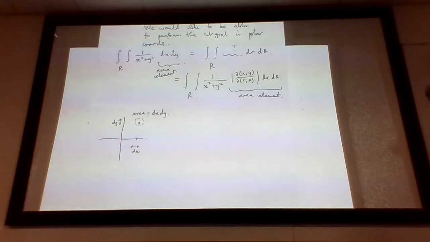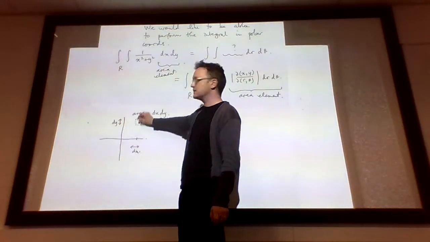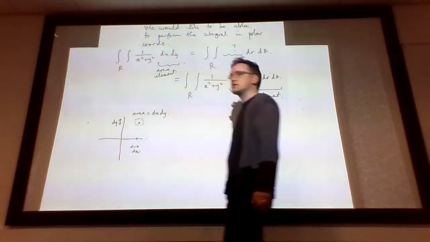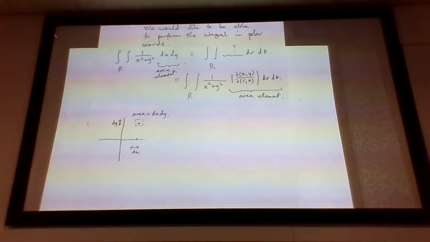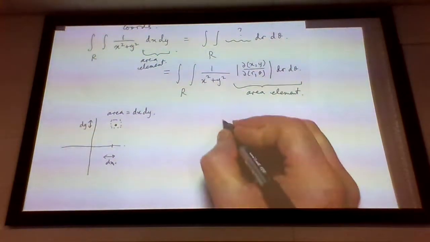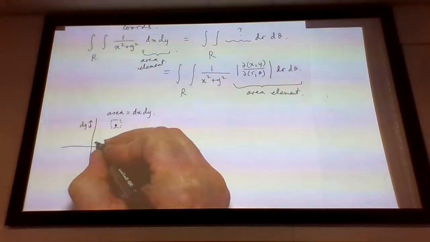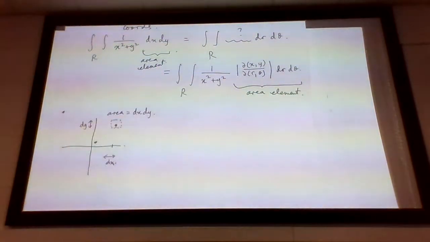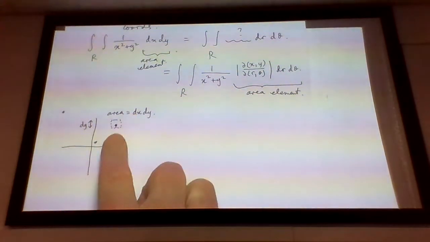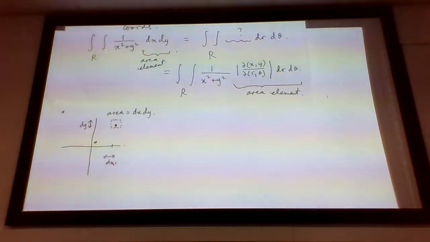So the area of this region caused by wobbling the x-coordinate a bit, wobbling the y-coordinate a bit, is just the product of the two, dx dy. That's the area of points we can reach by varying the x-coordinate and varying the y-coordinate. And this is the same thing no matter where the point is. If the point is very close to the origin over here, or if the point is way up here, if you vary the x-coordinate a little bit, vary the y-coordinate a little bit, the possible points you trace out is just a little rectangle with the original point at its center.